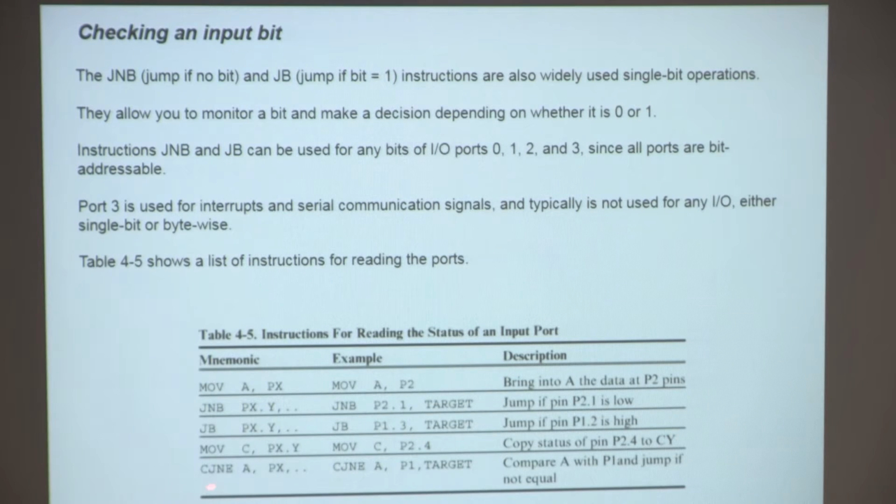And then this is also a good one, compare jump not equal. So that's also a way of monitoring things, where I compare the accumulator with port 1 and jump if not equal. So obviously I will have an instruction that will load a value into the accumulator, and I take this value in the accumulator and compare it to the port.